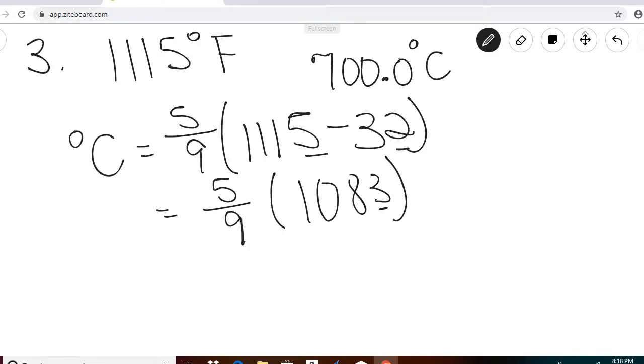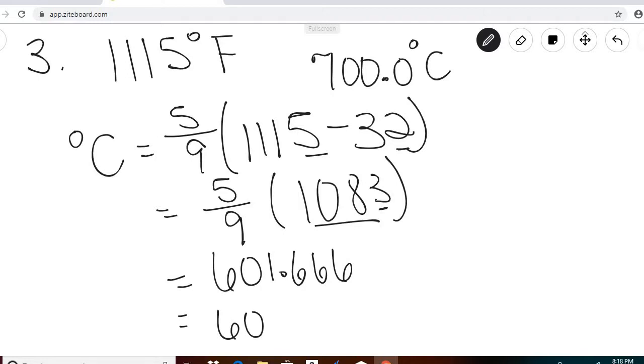So 5 times this divided by 9 will give us 601, and then repeating 6's. And we can have 4 significant figures, so it's going to be 601.7 degrees C.